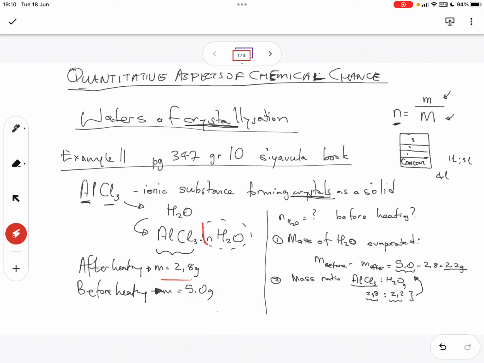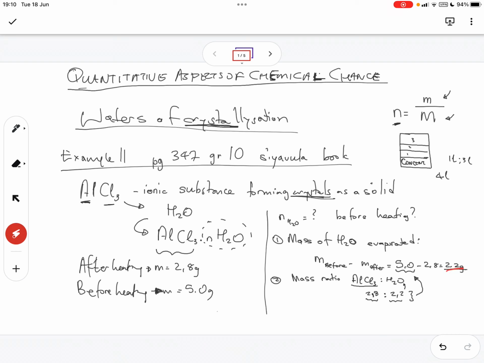When we heat it to evaporate the water, we have 2.8 grams remaining. So that means the water has a mass of 2.2 grams, which is the difference between the initial mass of the substance and the mass after heating.